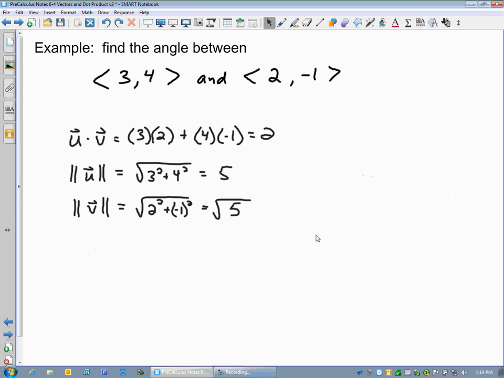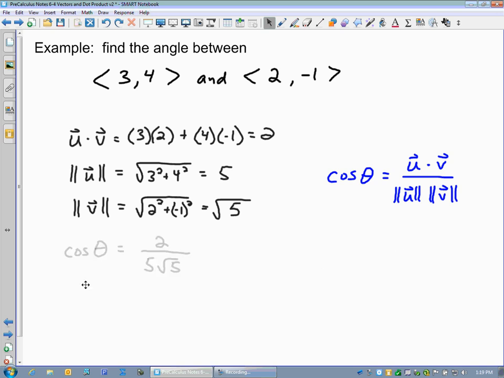And then this is going to be the equation we use. Cosine of theta is the dot product over the product of the magnitudes. So cosine of theta is 2 over 5 root 5. Now, this is where I see a common mistake happen over and over and over, putting this incorrectly into the calculator. Of course, we're going to take the arc cosine of both sides, the inverse cosine of both sides.